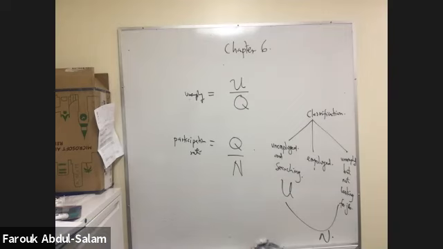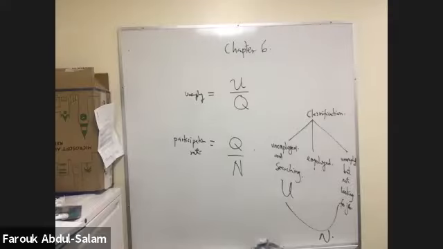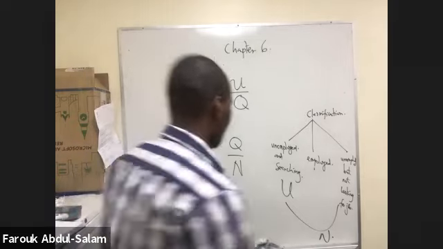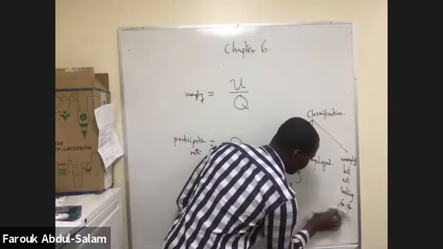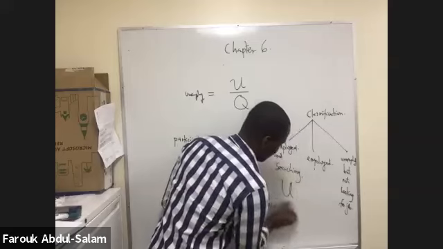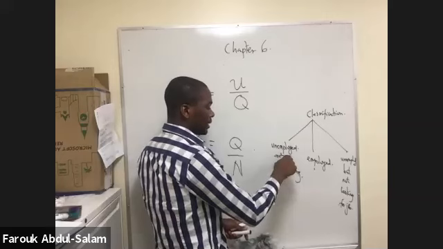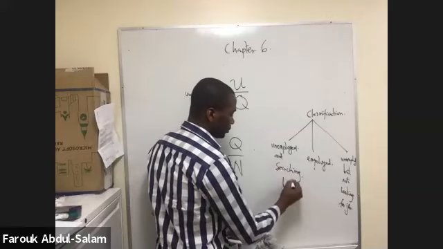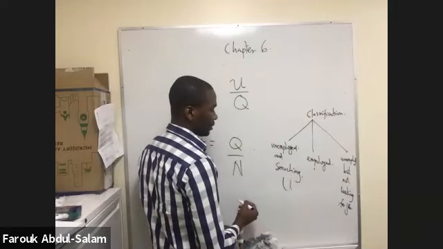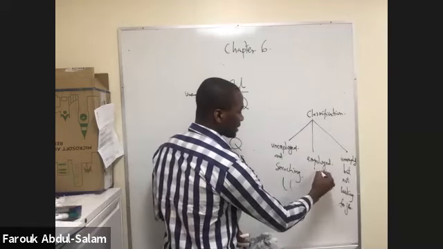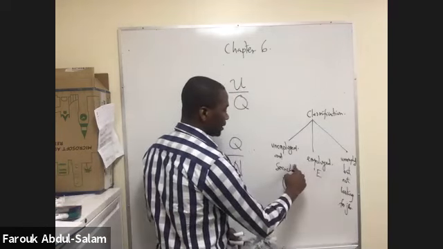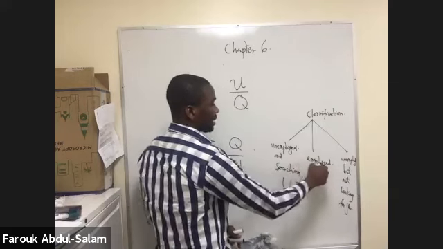Sure. Can you explain U, Q, and N again? U, right, are the unemployed. Q is a combination of U, right? So let me take this guy out. U, unemployed and searching for a job, U. U plus, let's label this guy E, employed.